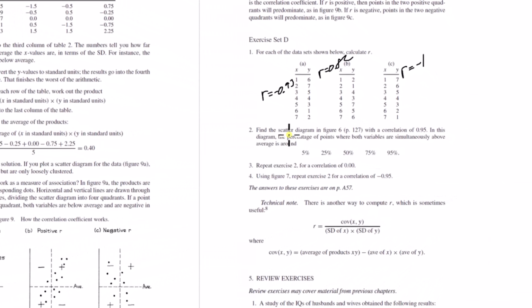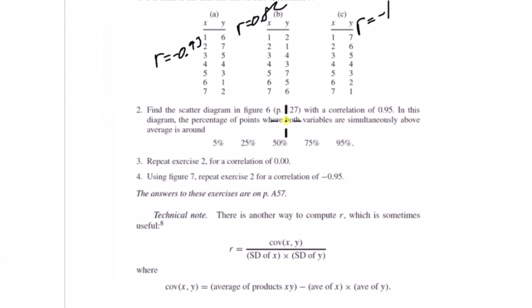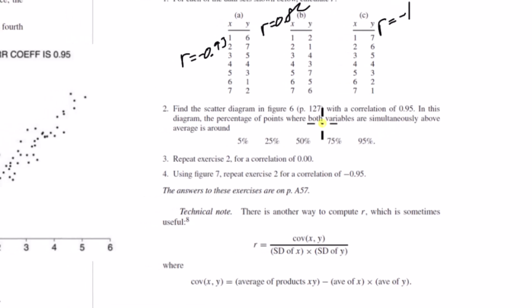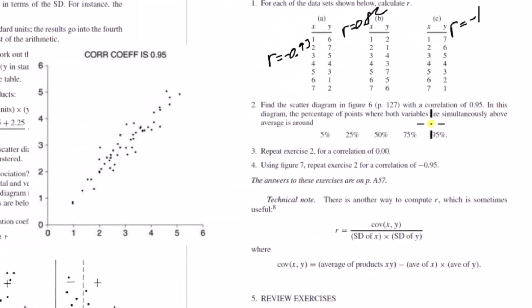Okay, find the scatter diagram in figure 6 on page 127 with a correlation of 0.95. Okay, there it is. In this diagram, the percentage of points where both variables are simultaneously above average is around.